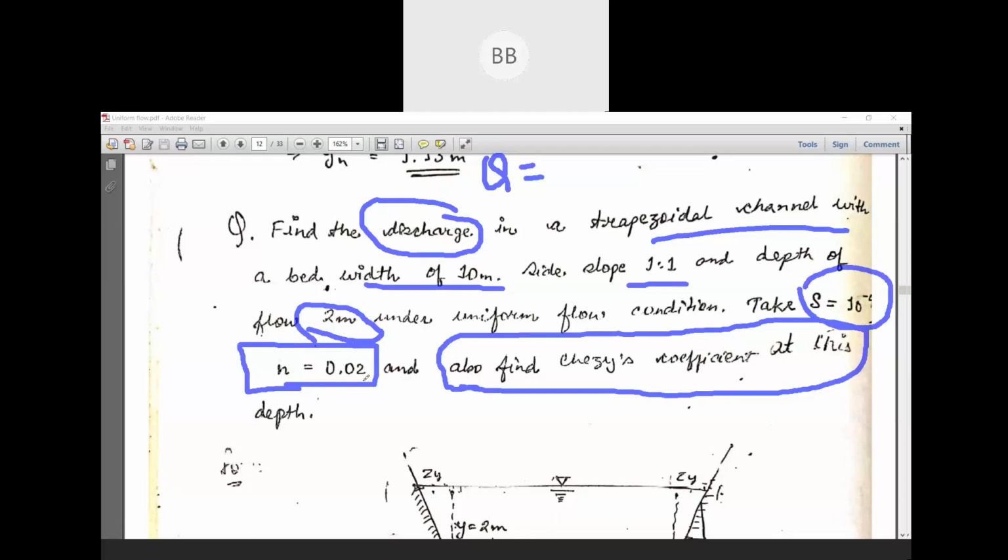And Manning's n is given 0.02. Then you find out the discharge. Then you have to use Sage's equation and calculate Sage's coefficient. So you try to solve this numerical, and we will discuss this numerical in the next class, as this meeting is going to end very soon.